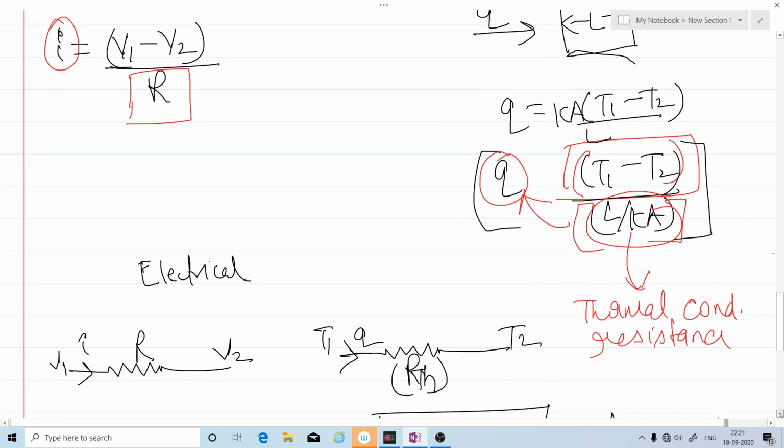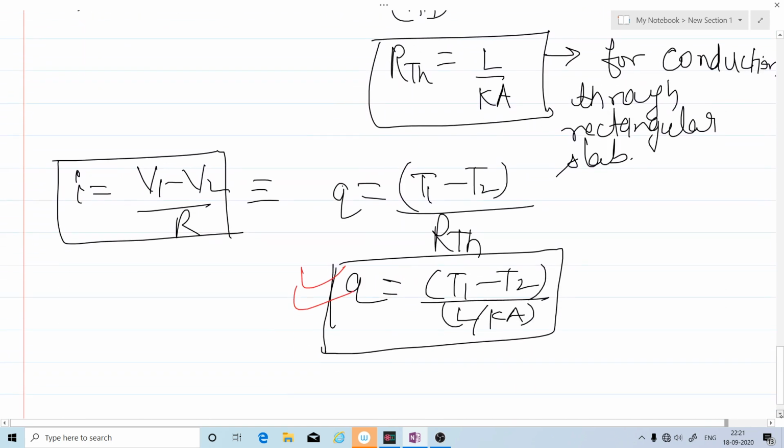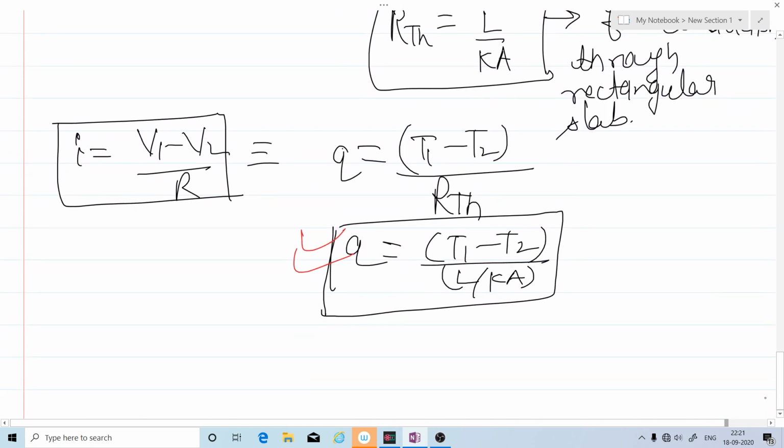So with the help of the electrical analogy we can calculate the heat transfer rate through any conduction, convection or radiation heat transfer. This electrical analogy is applicable to conduction through any slab, any material, and any type of convection heat transfer as well as radiation. So this concept of electrical analogy is very much universal.